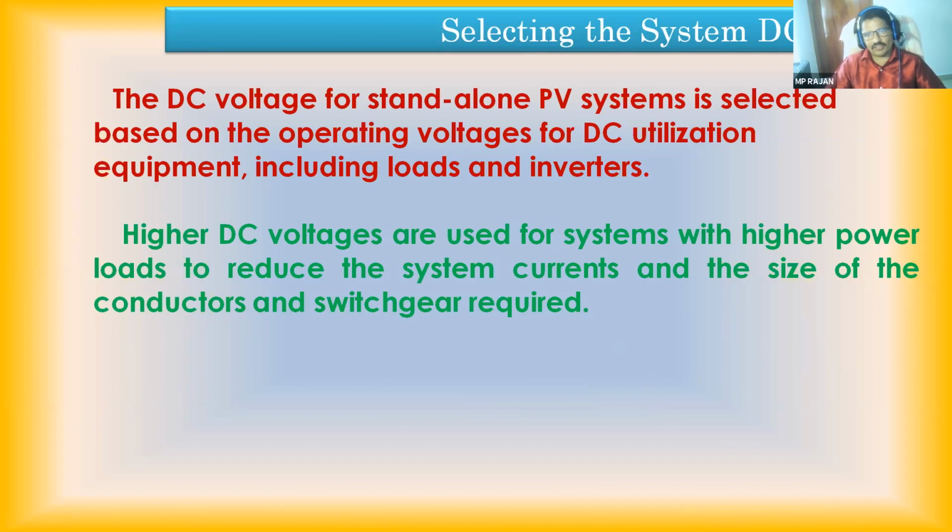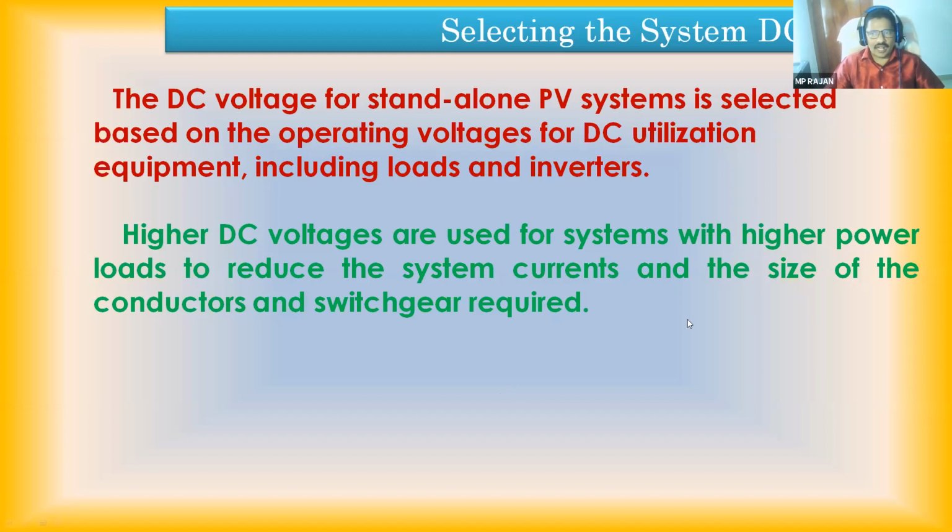There should be a system DC voltage on which your battery, your inverter input, and the charge controller will work. So we have to select a system DC voltage. The DC system voltage may be 12 volt, 24 volt, 36 volt like that.